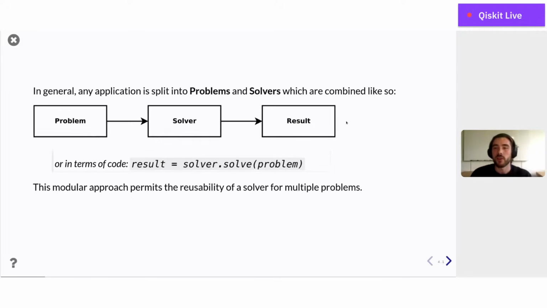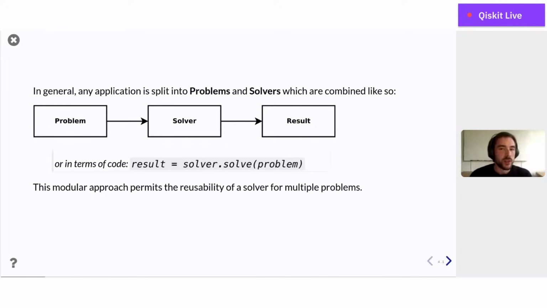And then this will return a result that you can investigate. In terms of code, this is rather straightforward because you can simply write that your result is the return type of the solve method on the solver, given a certain problem. And this modular approach really allows a lot of flexibility and reusability for multiple solvers and multiple problems.